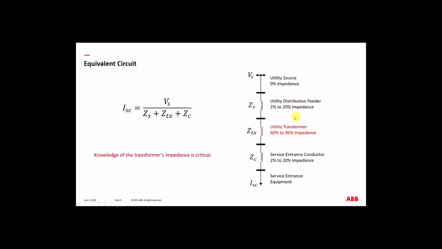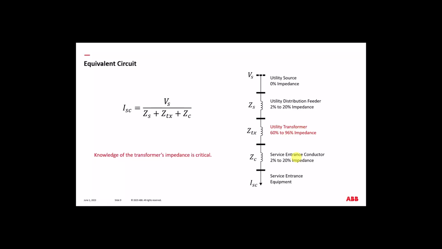The utility transformer, I have this highlighted in red, because this is trying to convey that the utility transformer is where you're going to get the bulk of your impedance. And so this is the critical component that's going to set that fault current. Then you have service entrance conductors. Those are your cables from the transformer secondary to the building.